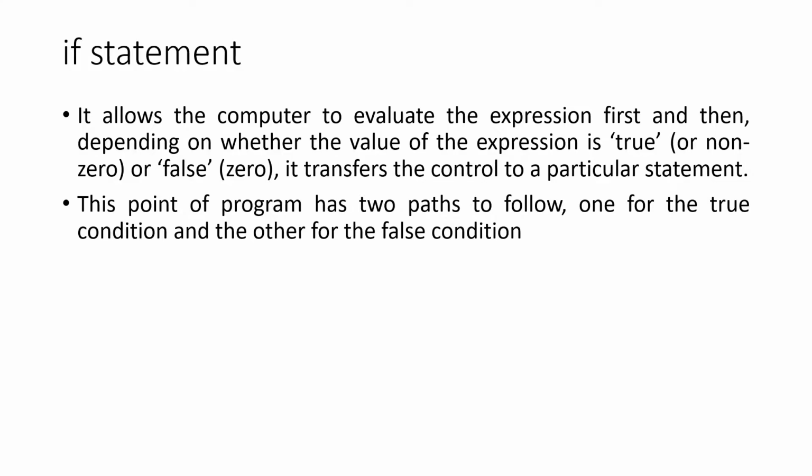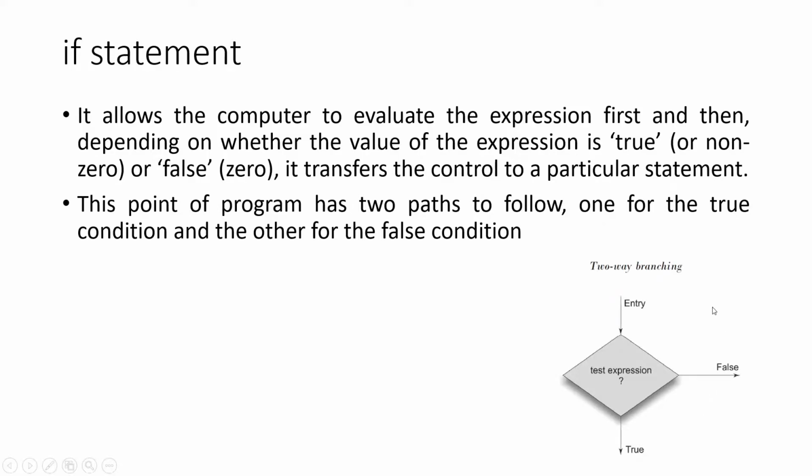So this point of the program has two paths to follow. The point of the program means when we use that if statement, at that point there are two paths to follow. One corresponds to the true condition and the other is for the false condition. This is the flow chart.